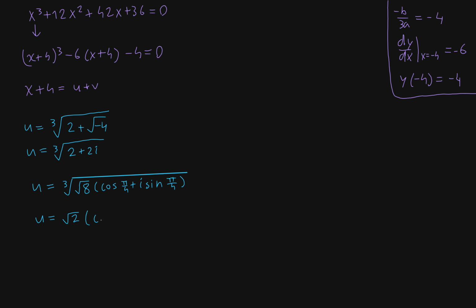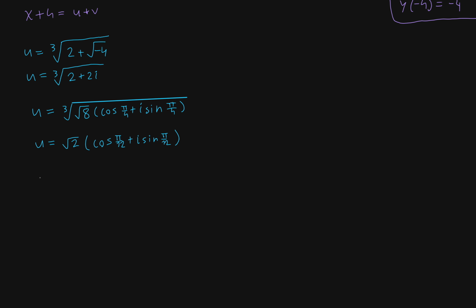We're going to have cosine of pi over 4 divided by 3, that's going to be pi over 12, plus i sine of pi over 12. Now we're also going to solve for v.